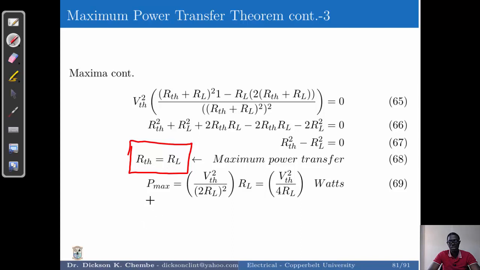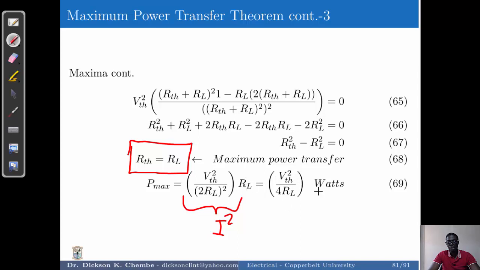So from this point, the maximum power transfer is equal to V Thevenin squared over 2RL squared, multiplied by RL. This is the current I squared RL. If you expand below, you have 4 RL squared, and above you have V Thevenin squared.